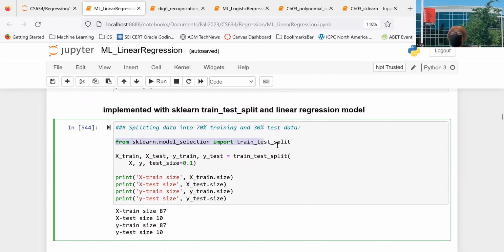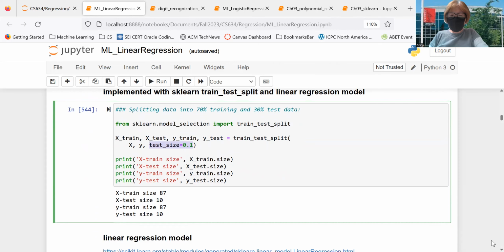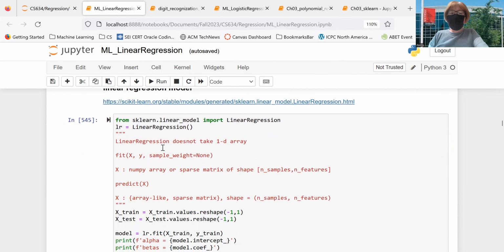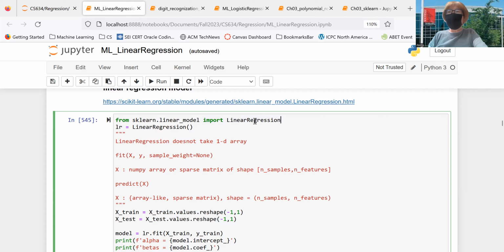Next, you remember last class we already learned sklearn, so here we can use sklearn. The first step is to do what? Train and test split. For testing data size, we take a small number, just 10% for testing data. For linear regression, from sklearn you can directly import the linear regression model, so you create this model first.